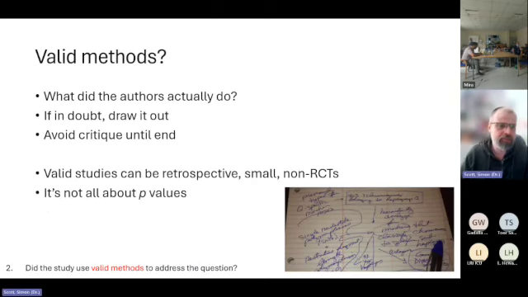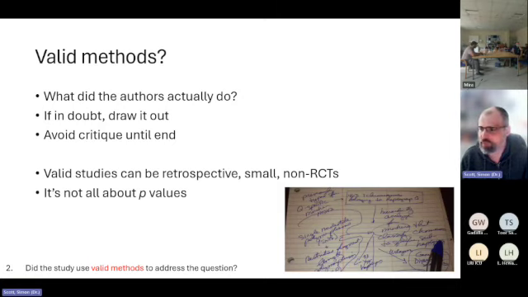Next thing, are the methods valid? This is where it can get really complex, because a lot of authors seem to forget that science communication should be about clarity. A lot of studies don't make the method very clear. So if you don't really get what's happening, write it out.